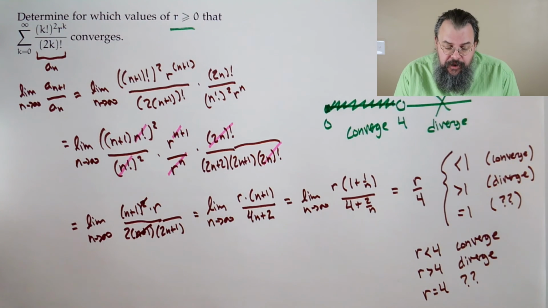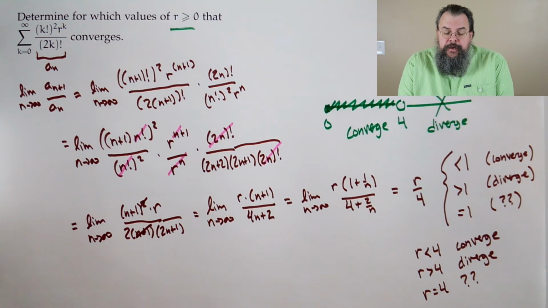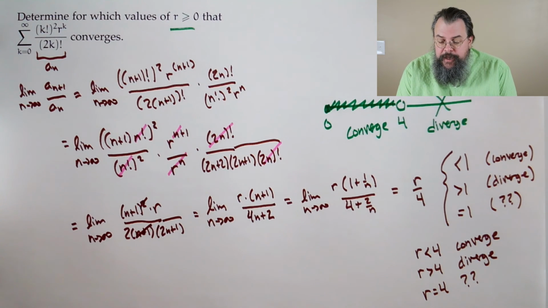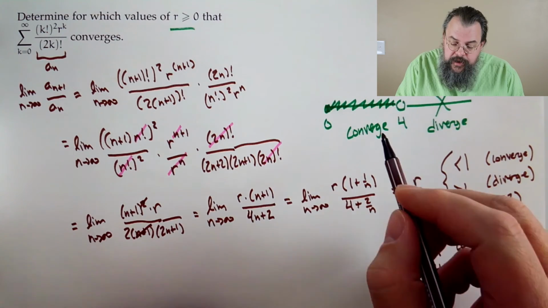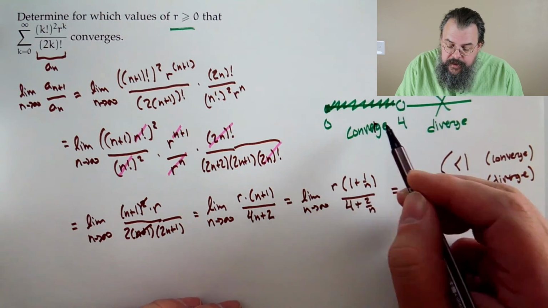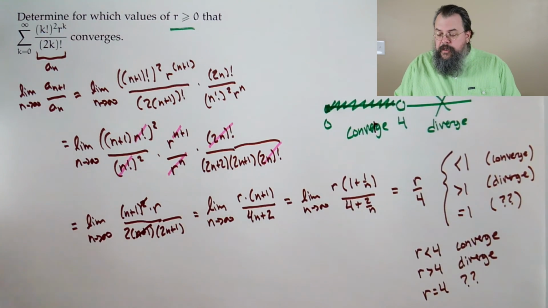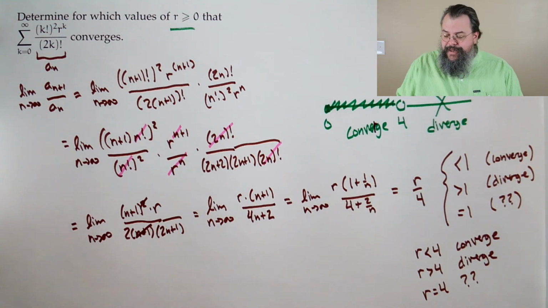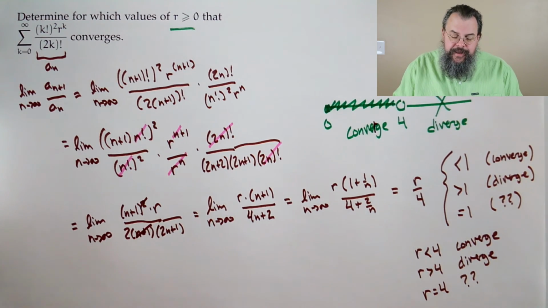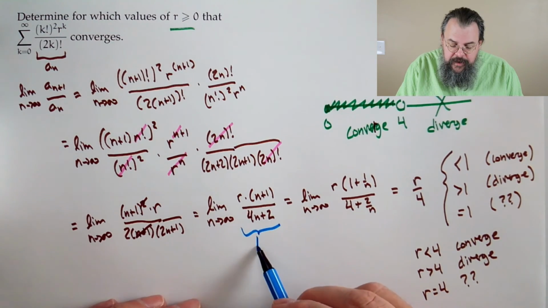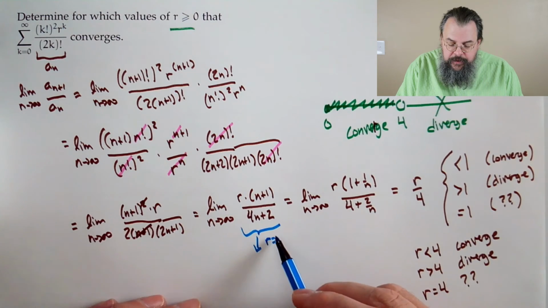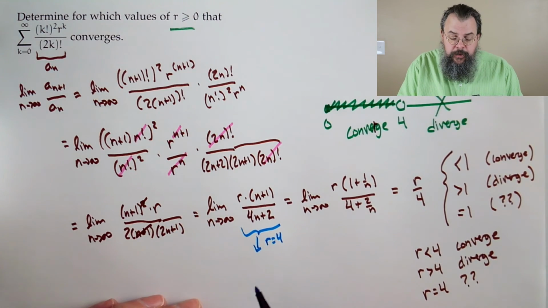And so now we look at it and say, oh boy, this is going to be interesting. How do we make our decision? Does 4 converge or does it diverge? Okay, well, let's step back a little bit. Suppose we look at this part here when r equals 4. What do we see?